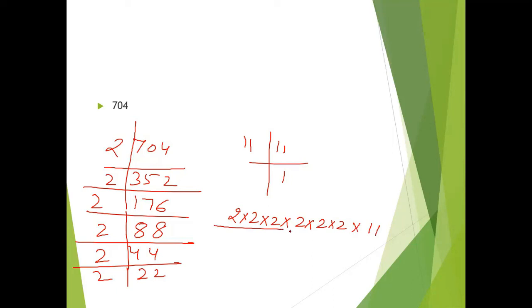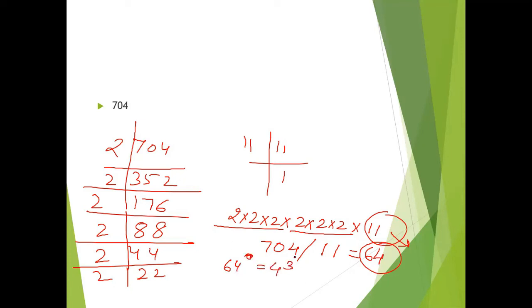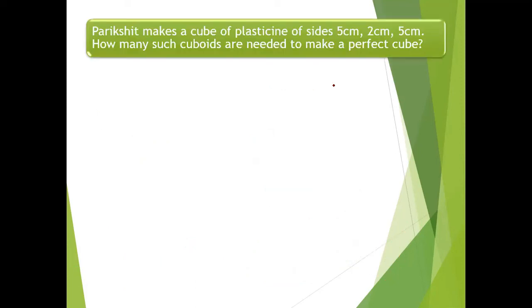These three are making a perfect group. These three are making a perfect group. This is extra. So when we divide 704 by 11, I will get 64. 64 is the perfect cube of 4, right? So the answer is 11. Okay. Moving to our next example.